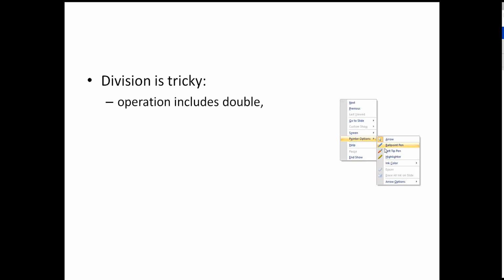We're back. And so the division, though, is tricky. And this is why we're doing this video, because division is a little bit tricky. Not impossible, though. So here's the point. The first example is, what if the operation includes a double with division? If we have, like, 7 divided by 2.0, that's a decimal.